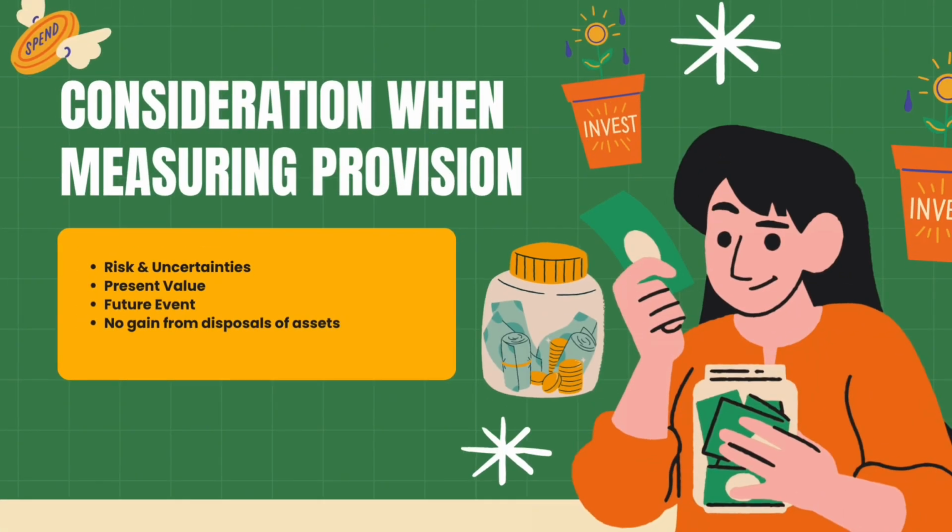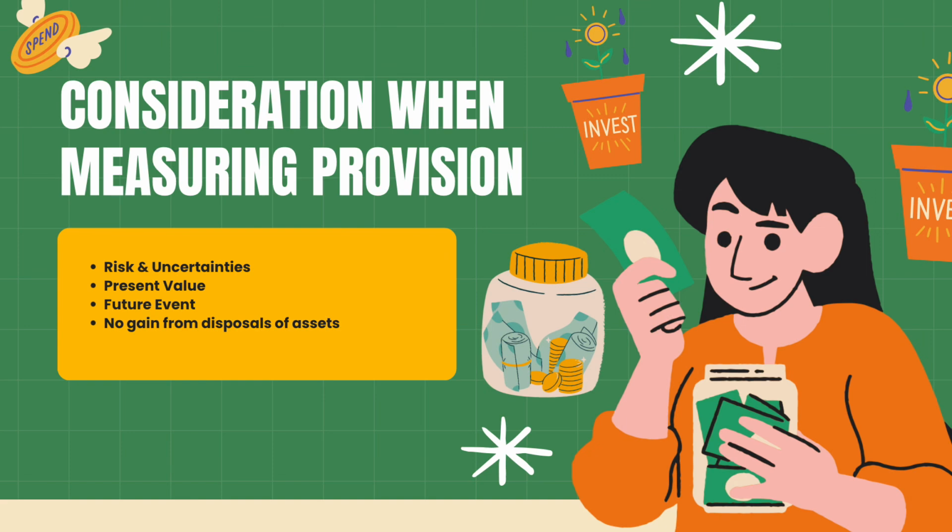The next one is the considerations when measuring a provision. There are four: risk and uncertainties, present value, future events, and no gain from disposal of assets. The risk and uncertainties, for example, is inflation.